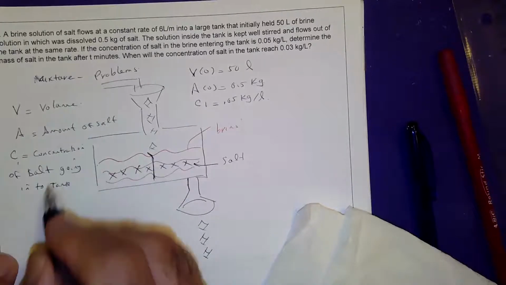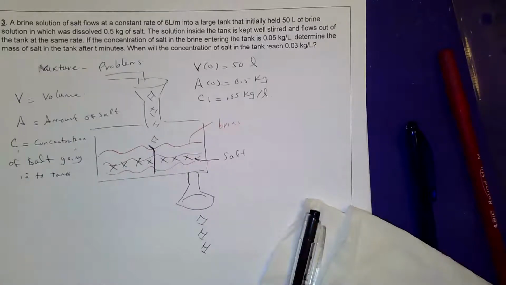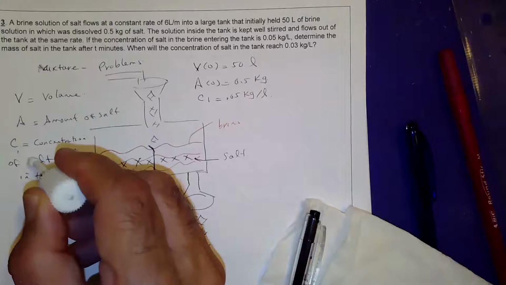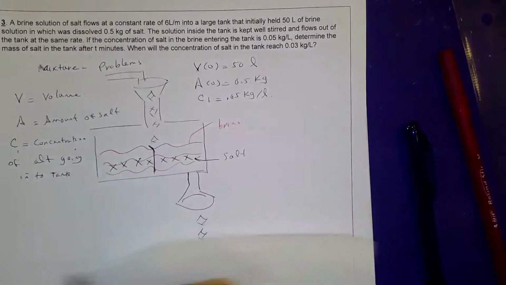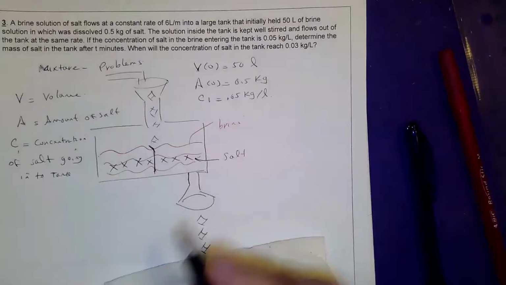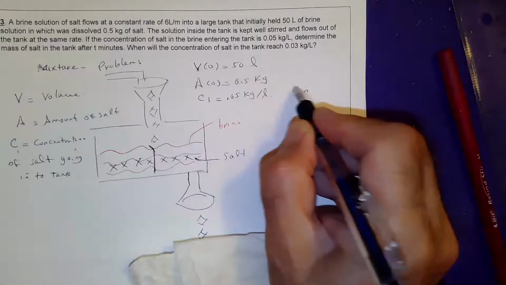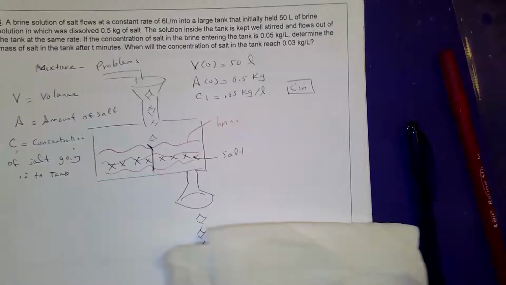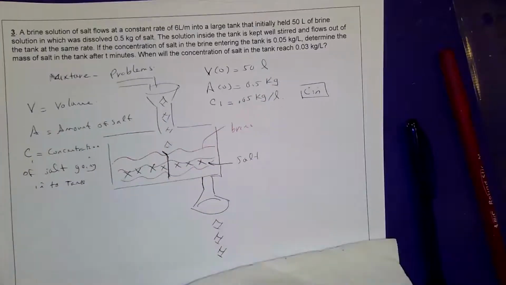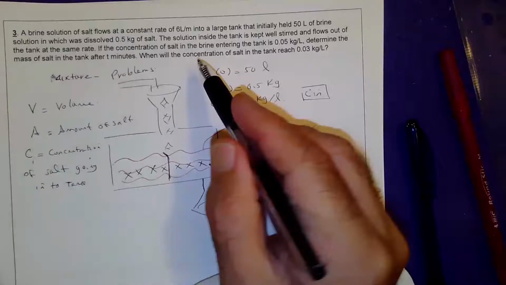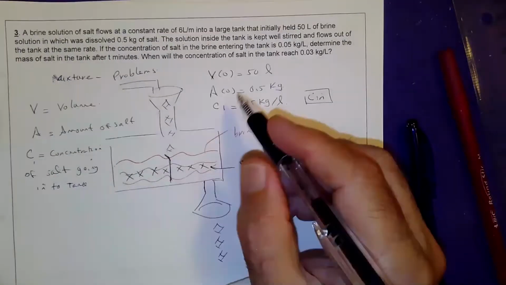So this is the concentration of the salt flowing into the tank. Sometimes they might call it C in, the concentration of salt going in.